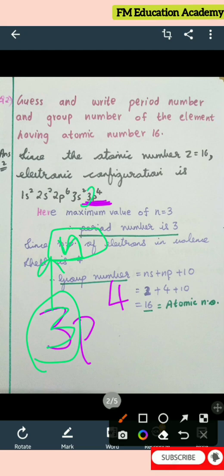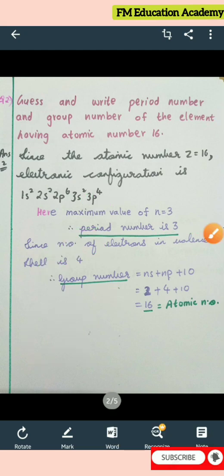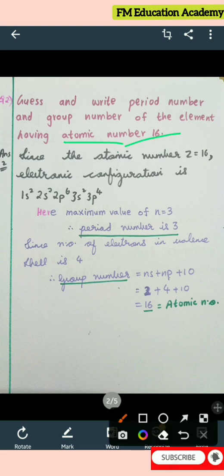So here what is the maximum value of n for the last orbital p? It is 3, which is there beside p. So that is why the period number is 3. Okay, I already gave you the concept of period number. Remember this for any element in the exam. If it asks for 17 or for 18 also, you should be able to write the number attached beside the orbital as the period number.